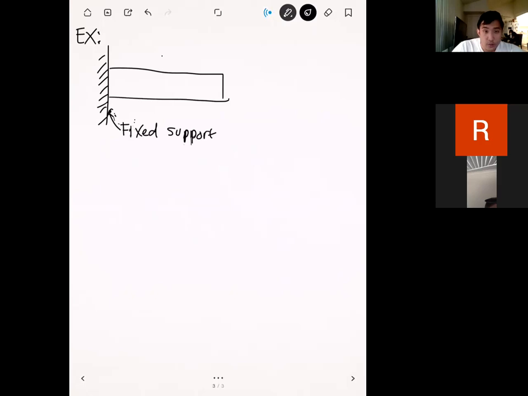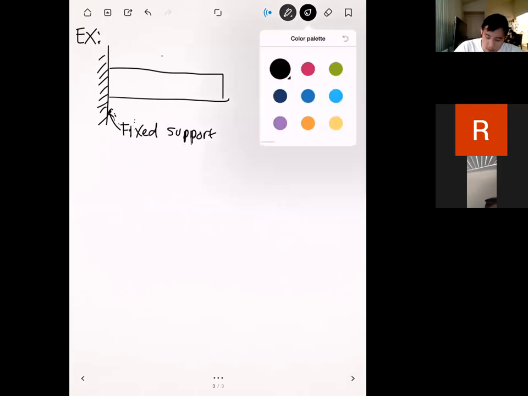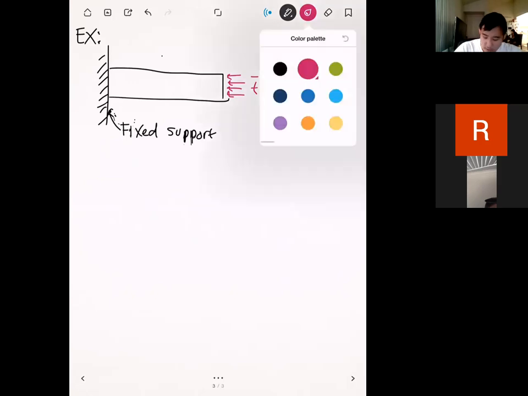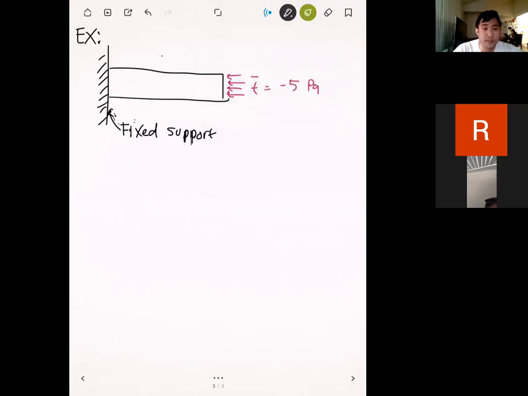On the right-hand side, we're going to have a compressive stress, which is going to have a value of -5 pascals. Okay. And then on the interior of the bar, we're also going to have a body force, which is going to be given by B of x equal to 2 newtons per meter.